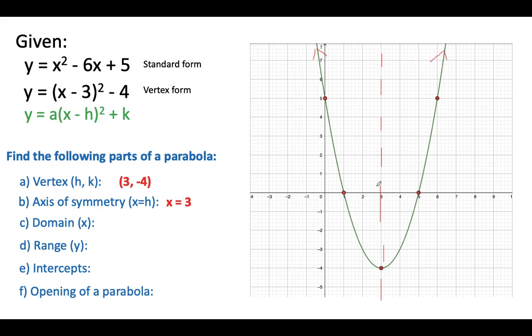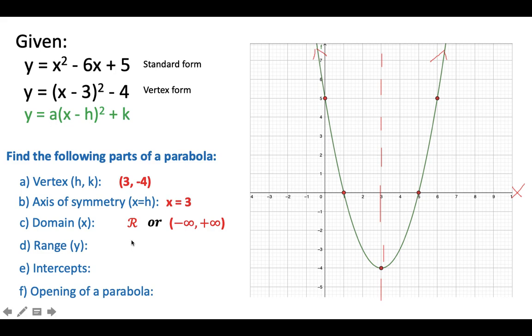It means all positive and negative values of x will be covered. Therefore, our answer for the domain is all real numbers, or simply a capital letter R represents the real numbers. Or we can also write our answer as negative infinity to positive infinity. It means all numbers from left to right.